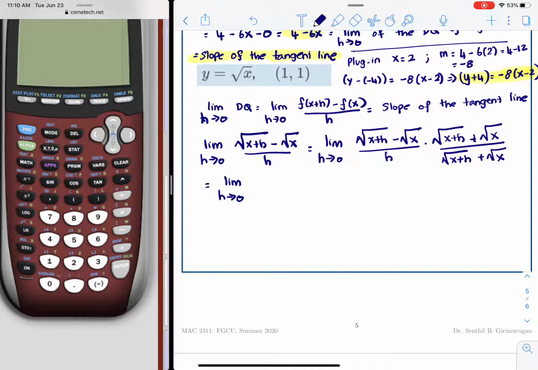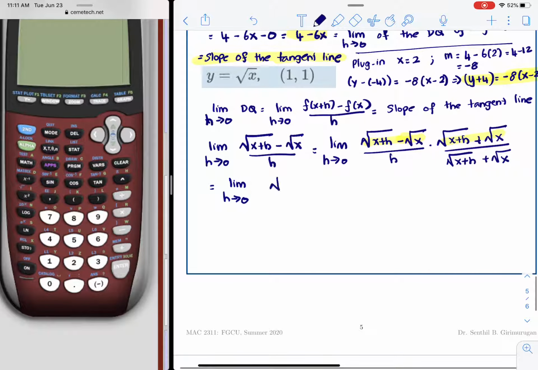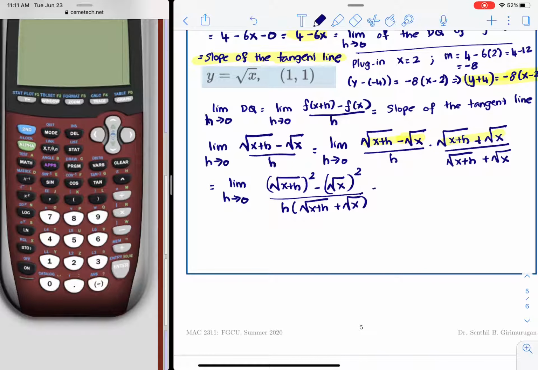So if I multiply the numerator terms, we will have square root of x plus h squared minus square root of x squared, divided by h times square root of x plus h plus square root of x.